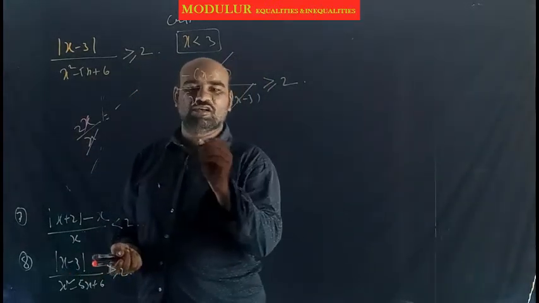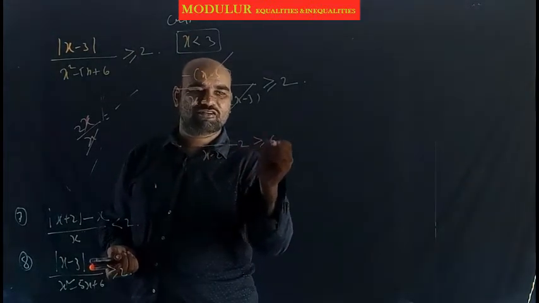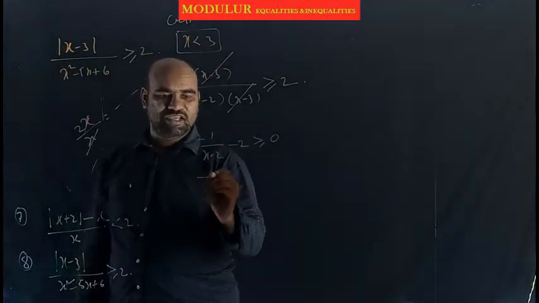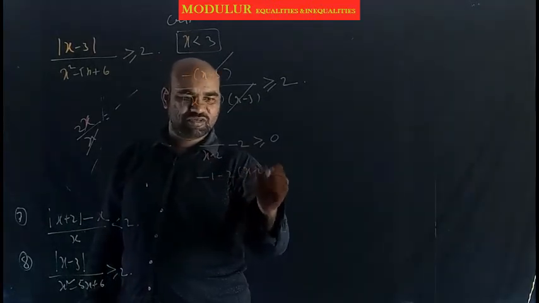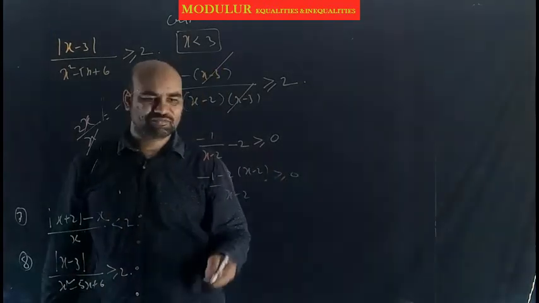Important. Minus 1 by x minus 2 greater than or equal to 0. Minus 1 minus 2 times (x minus 2) by (x minus 2) greater than or equal to 0. Just take the LCM.